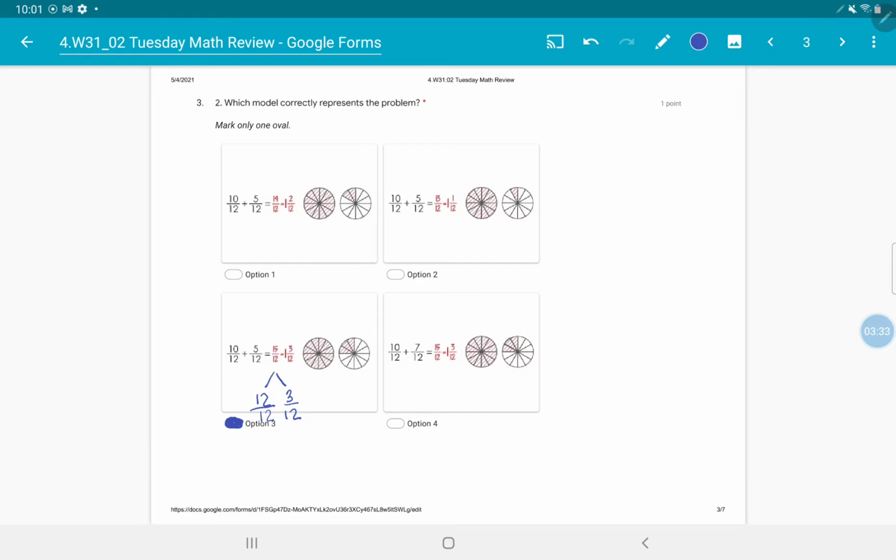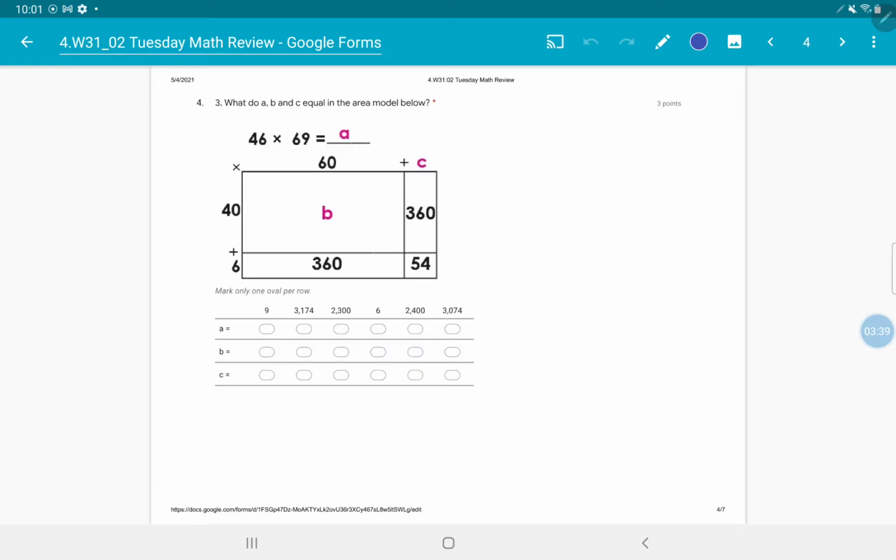All right. Now we have an area model that's partially filled in. We're multiplying 46 times 69, and we're missing 3 variables. So if I'm going to multiply 46 times 69, let's just go straight down to our model. The short side is 40 plus 6.